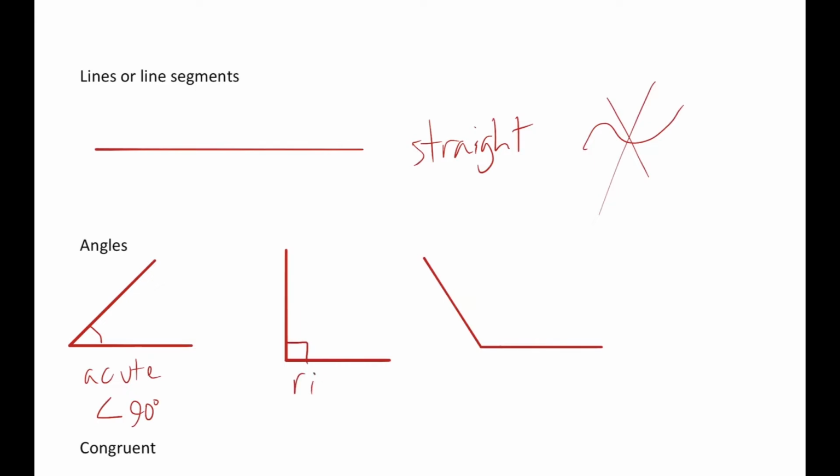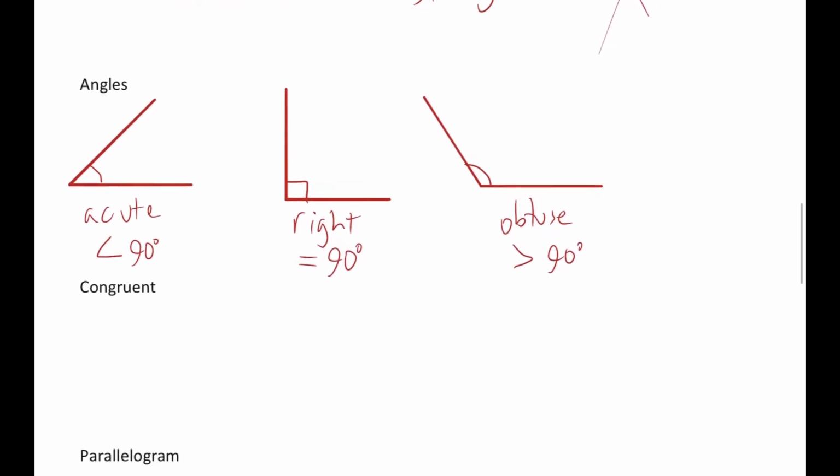I have a right angle, and a right angle is exactly 90 degrees. And then I have an obtuse angle, and obtuse angles are greater than 90 degrees. So those are my three types of angles that I need to know.